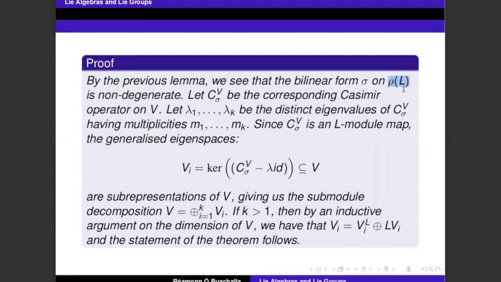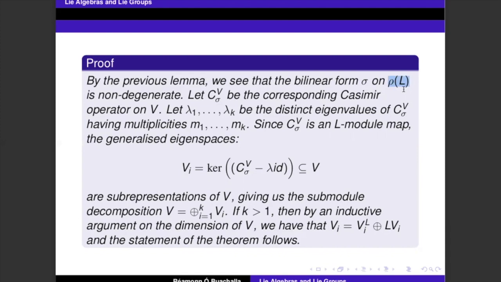Hence, that means that the bilinear form coming from the trace in the identity representation is non-degenerate. But if we've got a non-degenerate representation, and of course the trace is going to give us a symmetric L-invariant bilinear form, that means we have a corresponding Casimir operator.